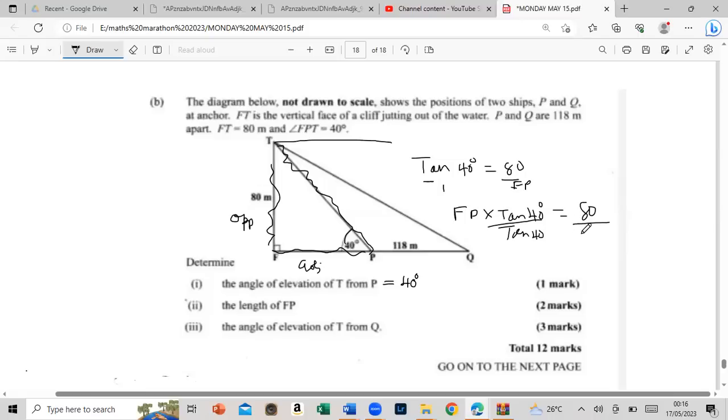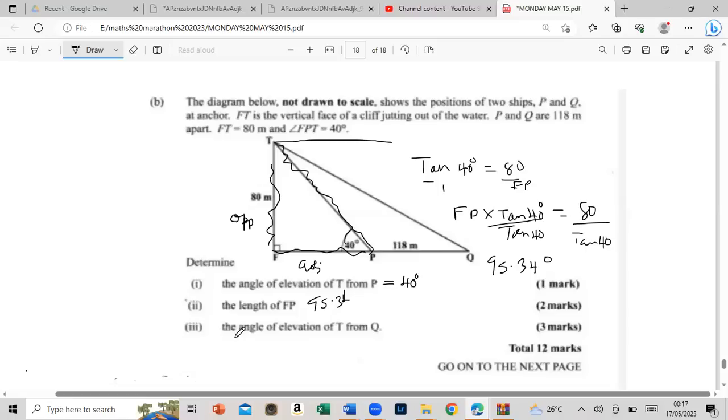Let me just punch that in my calculator. That works out to 95.34.